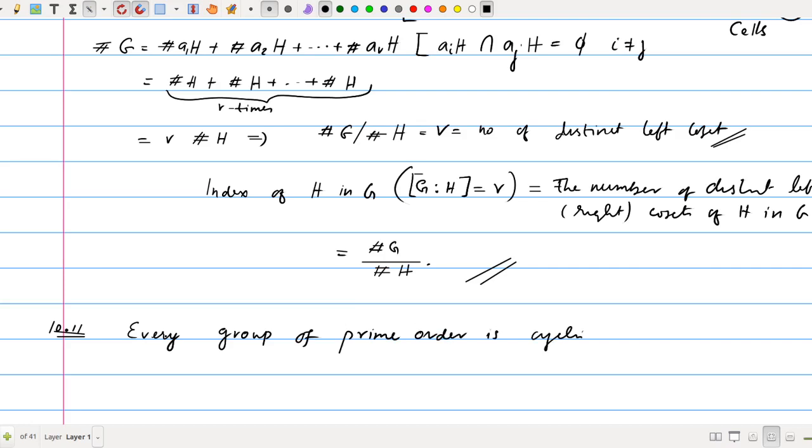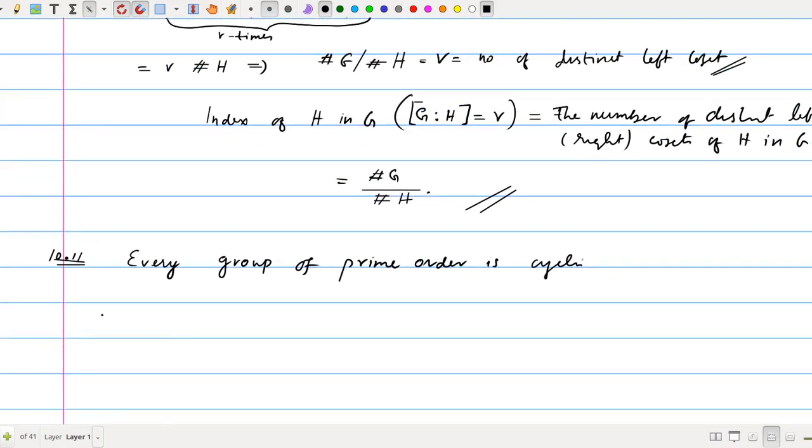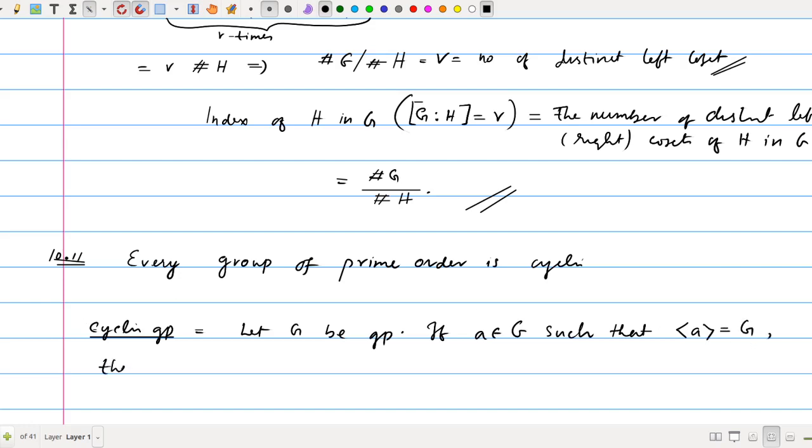So let me remind you of the definition of a cyclic group. What is a cyclic group? Let G be a group. If there is an element A belonging to G such that the smallest subgroup containing A, or the cyclic subgroup generated by A, is equal to G, then G is called cyclic.